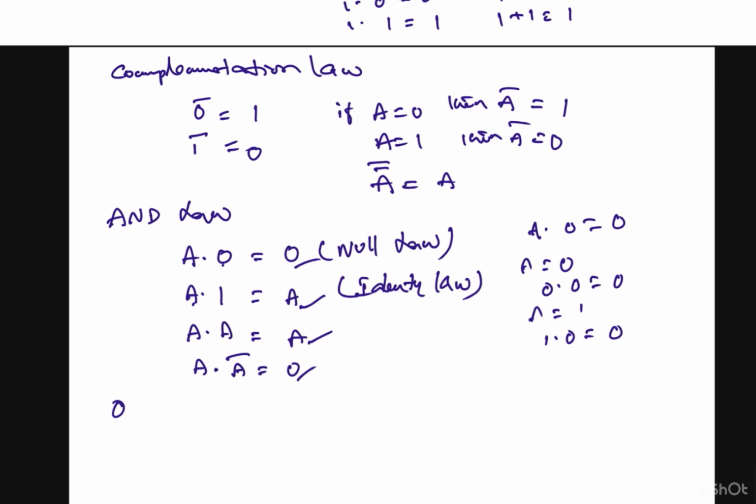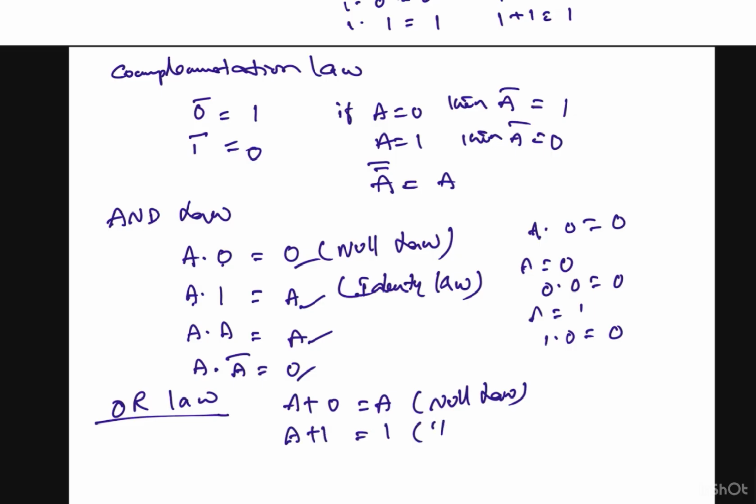And in the same way, the OR law says that A plus 0 is equal to A. And also A plus 1 is equal to 1. And then A plus A equal to A, and A plus A bar equal to 1.